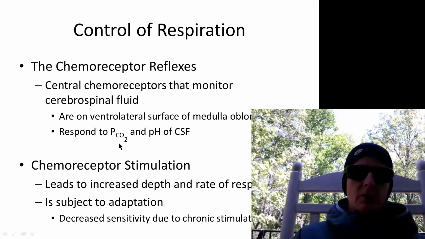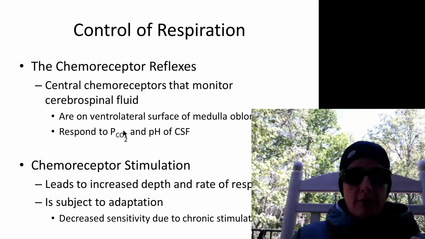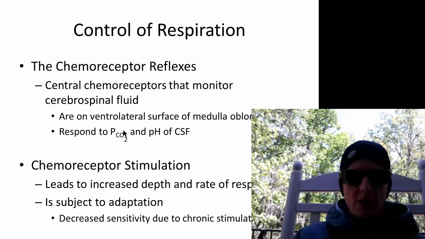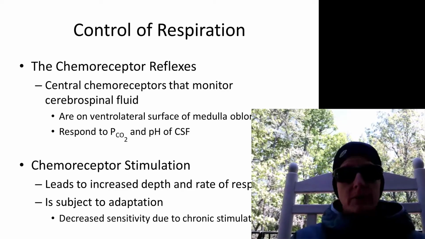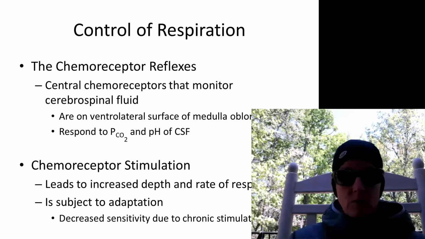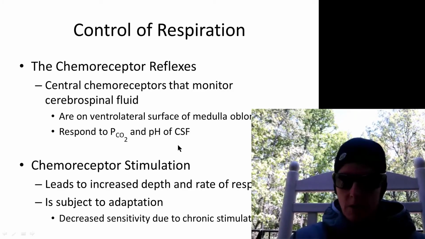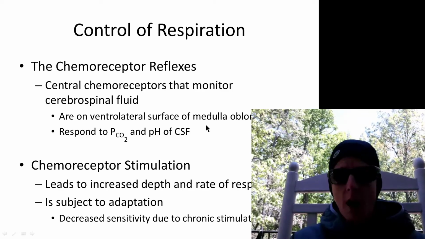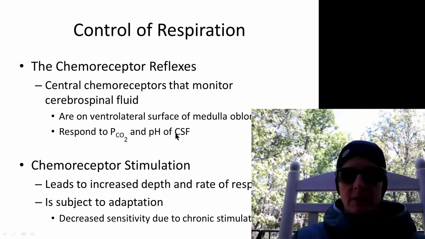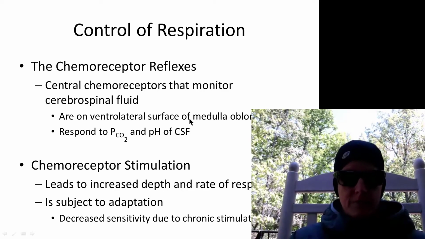Another interesting thing that we will say is that carbon dioxide is the main driver of our reflexes. Oxygen, not as much. So usually, as long as we're off-gassing carbon dioxide well enough under normal circumstances, then we're going to be breathing in enough oxygen to take care of our needs. Unfortunately, this isn't always the case. If you're in a very low oxygen environment, then sometimes you can breathe all you want and you're not going to get much more oxygen.